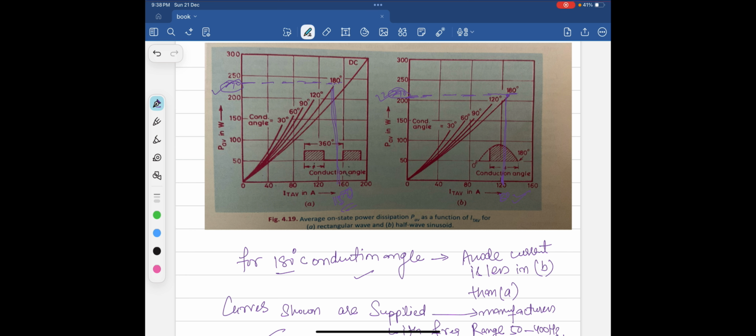So the anode current is less in figure B for a half wave sinusoidal and more for the conduction angle of a rectangular waveform. Also, we can see the average on-state power loss rises up to 240 for a conduction angle of 180 degrees. For the half wave sinusoidal, it is approximately 210.